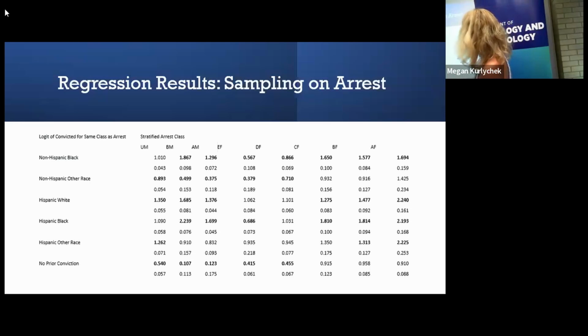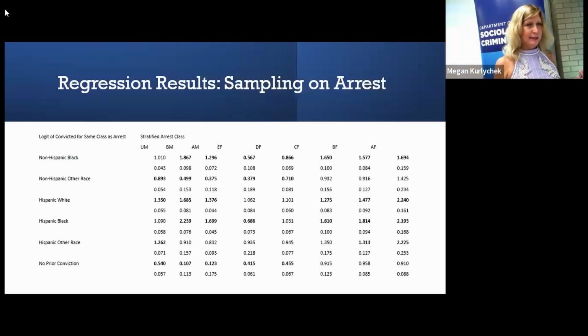So it's very high, 1.8 for Hispanic blacks on both B and A felonies as well. So almost twice as likely to keep that offense if you didn't get dismissed, right? We saw high dismissals, but then if you didn't get dismissed, the story starts to change. You're less likely to be moving down and getting a plea, and you're more likely to be staying at the higher charge. So again, that says why the sampling might matter when you're looking at this.